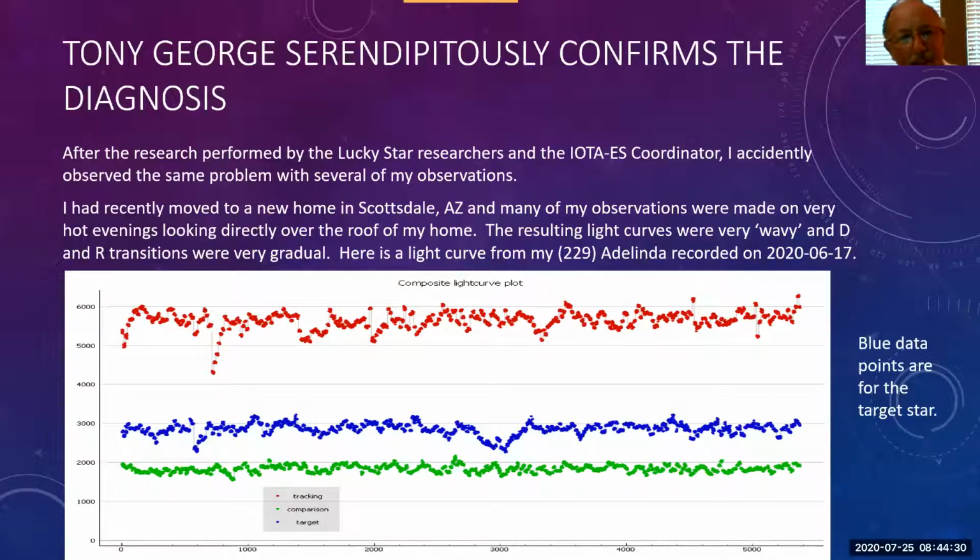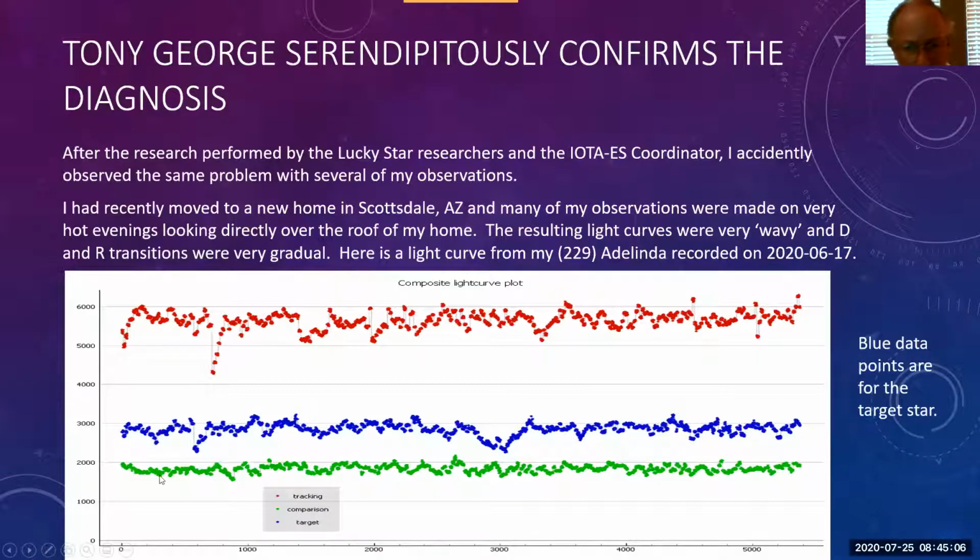So I recently moved to a new home here in Scottsdale, and many of my observations have been made on very hot evenings. It gets a little warm down here sometimes. And when I look to the southeast or east, I look directly over the roof of my home. So the resulting light curves were all very wavy, and the DNR transitions were gradual. And I'm showing the Aldelinda report that I had talked about previously.